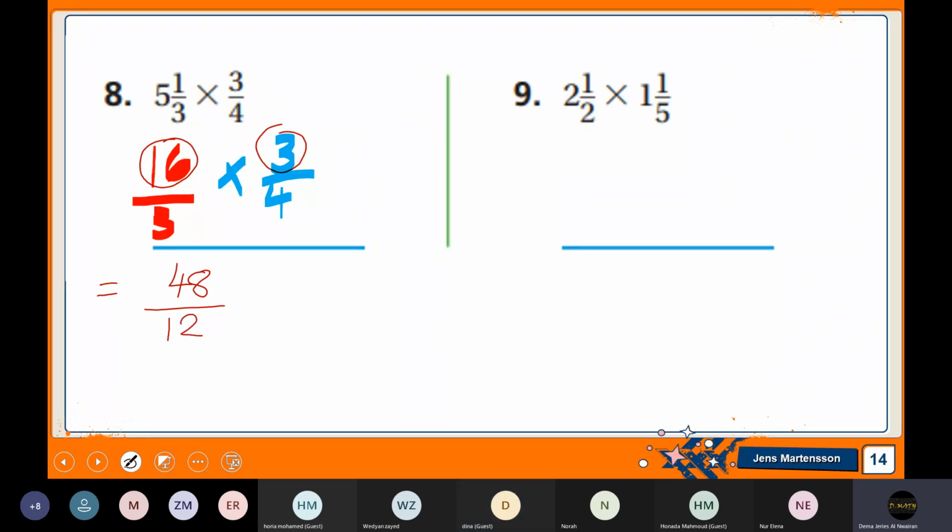Now then, 48 over 12. Can you keep it like this, or do you need to simplify it or divide it? We need to divide it.